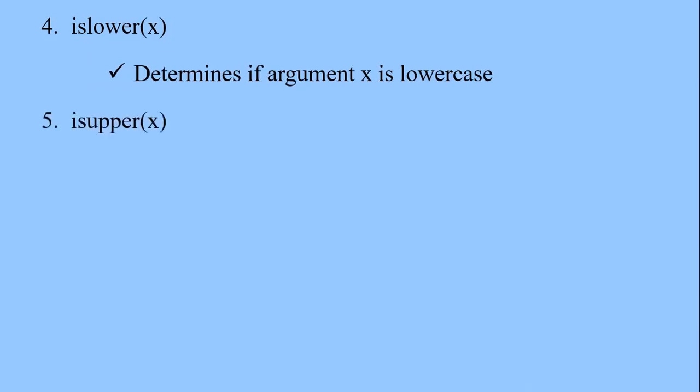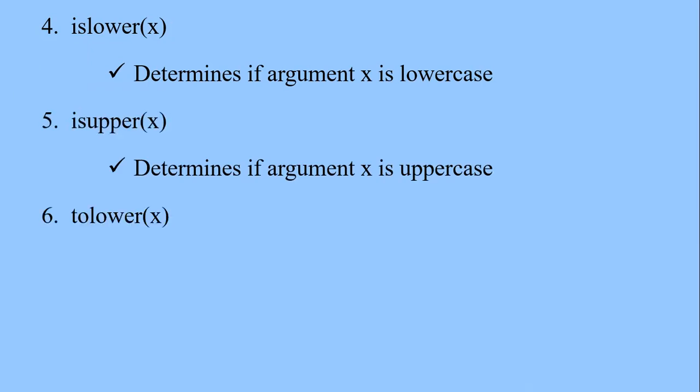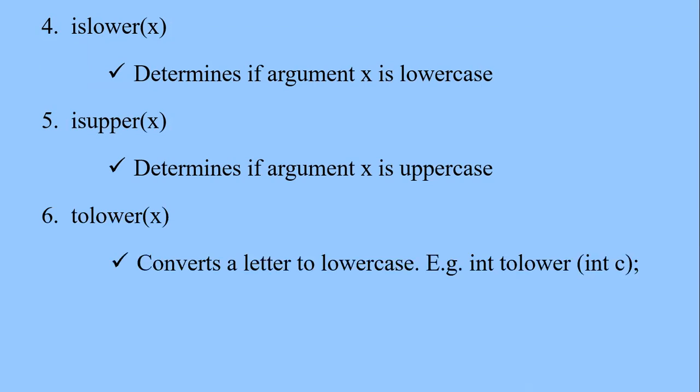So islower. It determines if argument x is lowercase. isupper. It determines if argument x is uppercase. tolower, it converts a letter to lowercase. So if, for example, you pass it a capital C, it will return small c. For example, int tolower(int c).